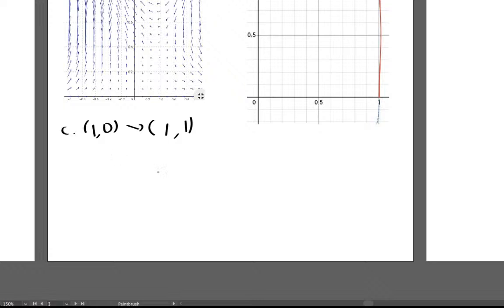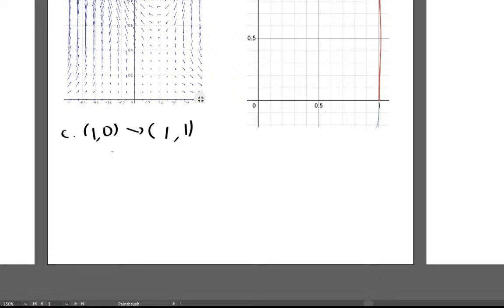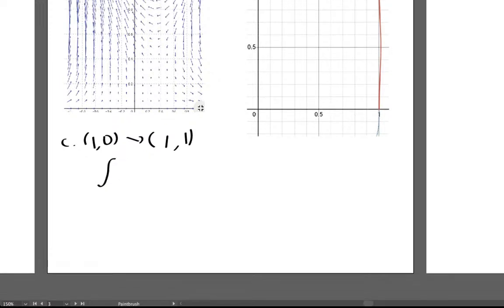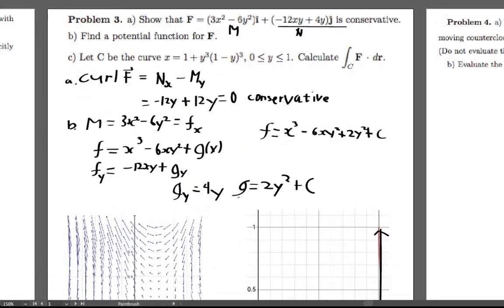Because this is path independent, I could just say it goes straight up. It's the same thing. So x equals 1, while the change of x equals 0.